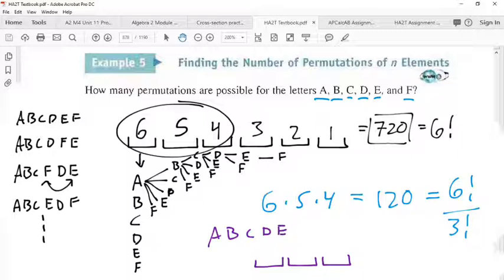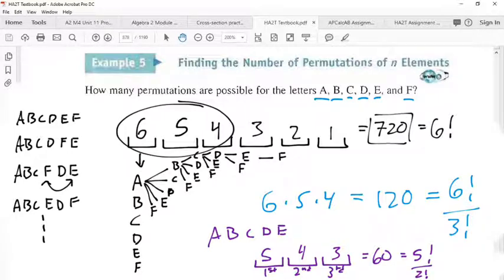It'd be 5 right here, and then 4, and then 3. So this is equal to 60, right? Is this equal to 5 factorial? What are we missing? We're missing 2 factorial.